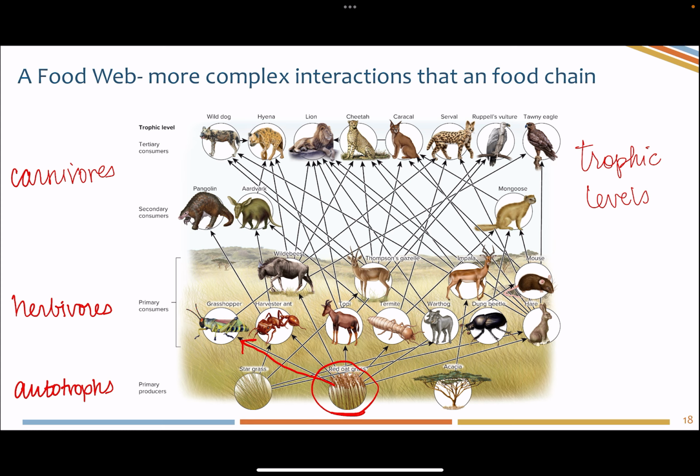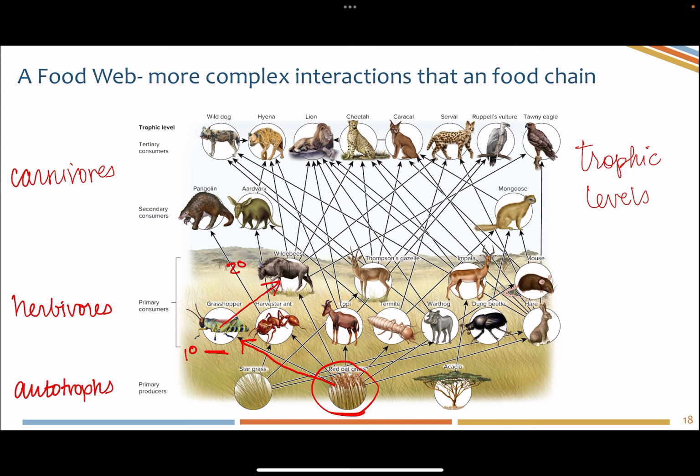From there, our grasshopper, which is an herbivore, is being eaten by wildebeests. So that makes our wildebeest a secondary consumer. Our grasshopper is that primary consumer. Our wildebeest is the secondary consumer.